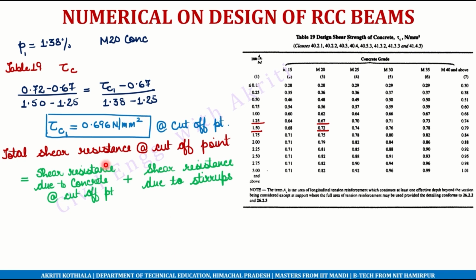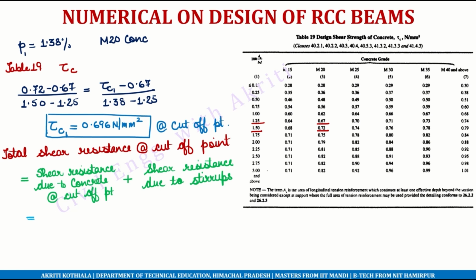So this shear resistance at the cutoff point will be because of two elements. One is the concrete which is present, for which we have calculated this value, and the other is the shear resistance due to the stirrups. If you remember, we had provided stirrups of nominal size at a spacing of 220 millimeters center to center. So now we can substitute the values.